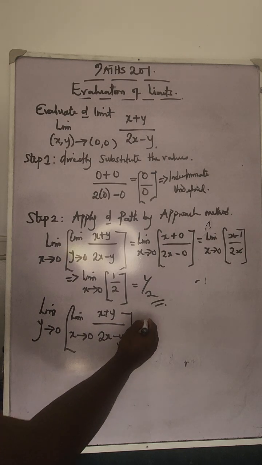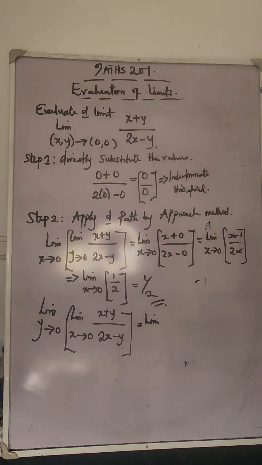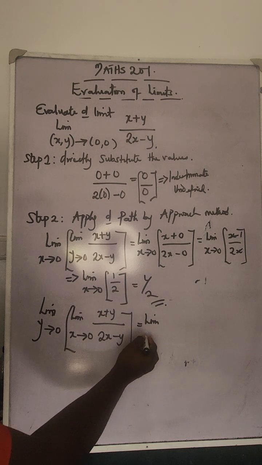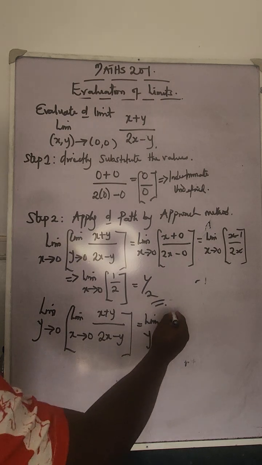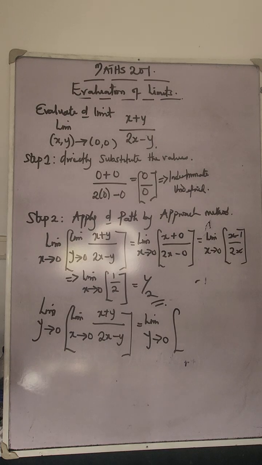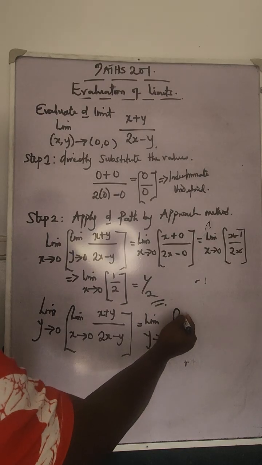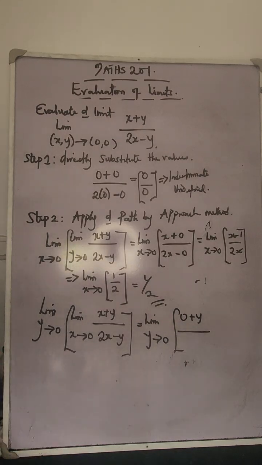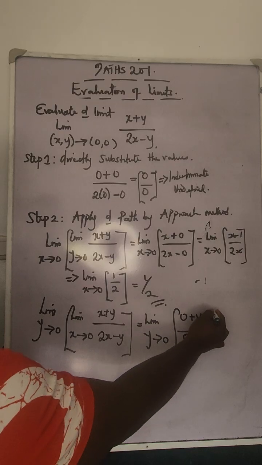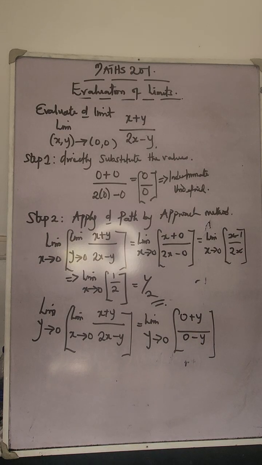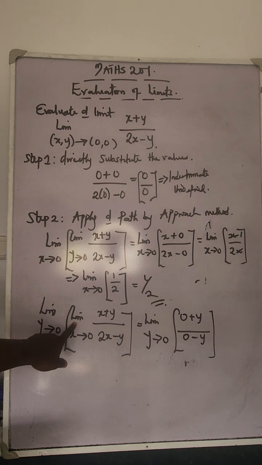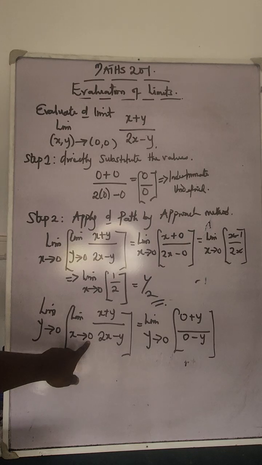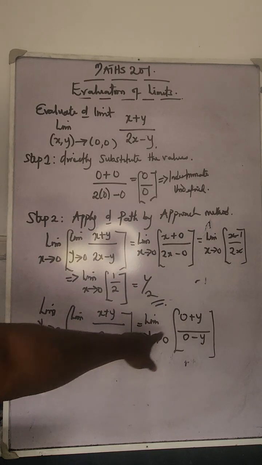And so we said this is equal to the limit as y approaches 0 of, now if you put in 0 here, this should be 0 plus y over 0 minus y. Is that correct? Yeah, because anywhere I see x, I'm putting it as 0. Remember, it's x that's in the bracket, the limit of x approaching 0. So whenever I see x, I place it as 0.